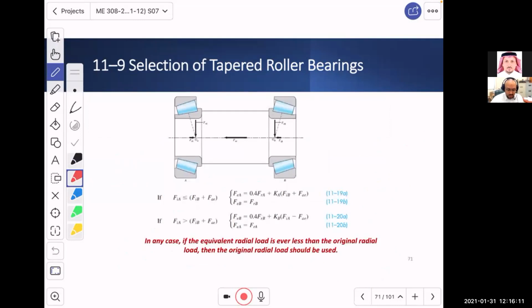So in summary, we are going to measure FIA. You ask me, what is FIA here in this sense? We call this bearing A, we call this one B. Now, we decided that FIA is alone because its thrust direction is going to the right-hand side, while these two go in the other direction.